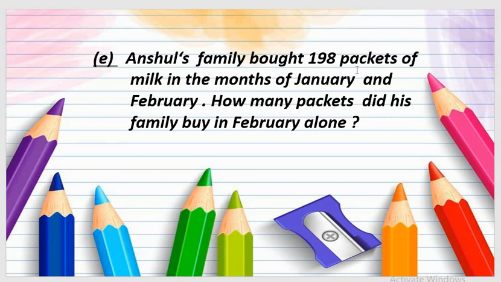Both months, January and February, they bought 198 packets. And the question is: how many packets did the family buy in February alone? Here the information is about both months together, but they want the number for February alone, and we don't have enough information.